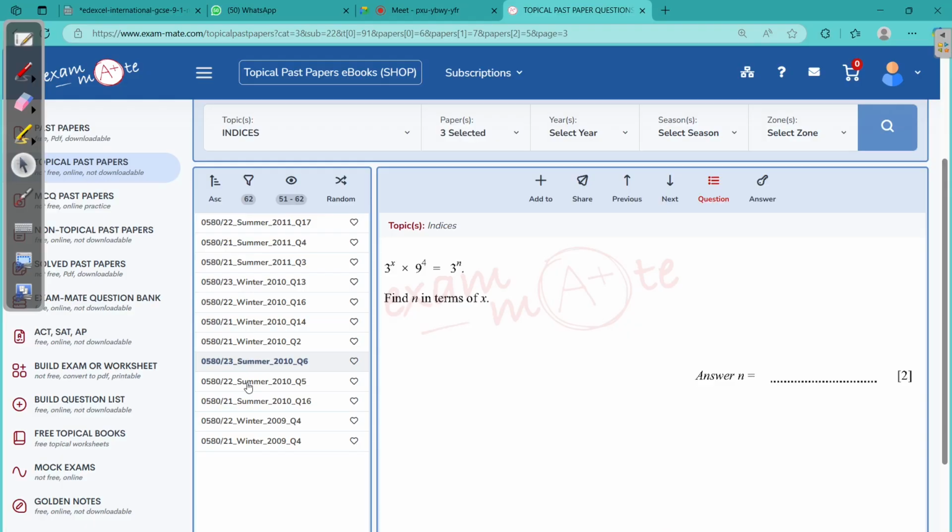Find n in terms of x. Isn't it just x plus 8? Yeah, that's correct.